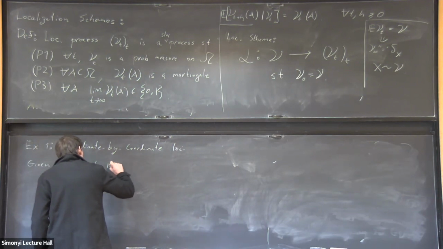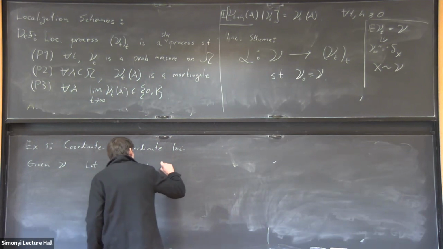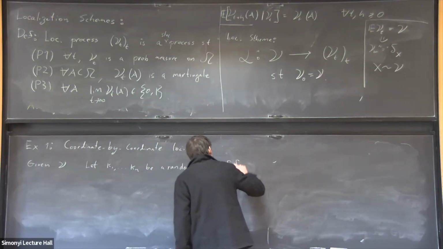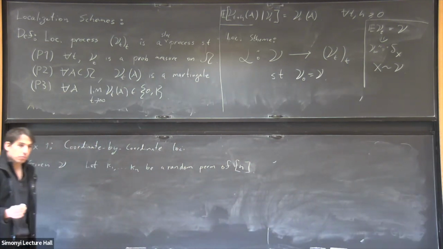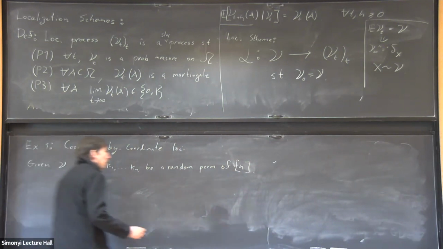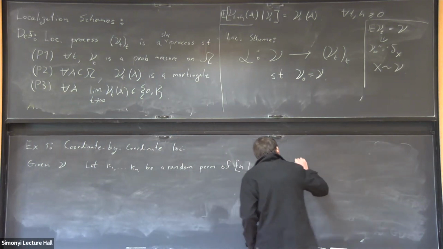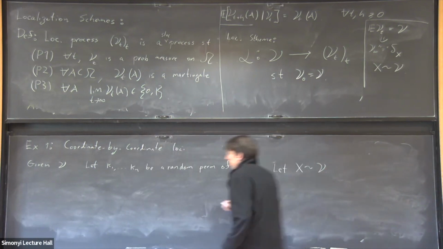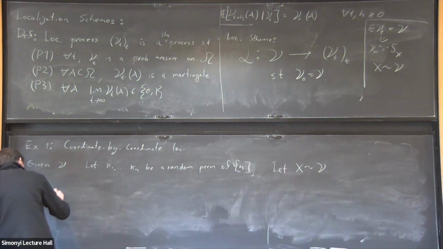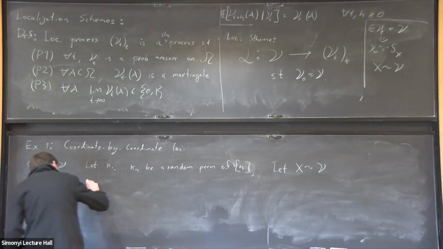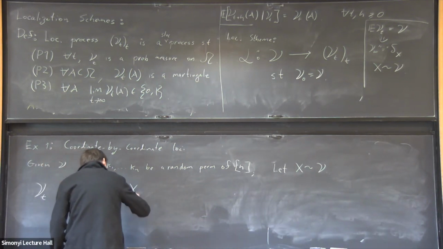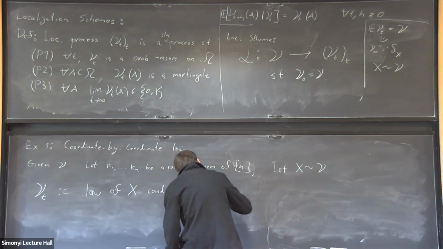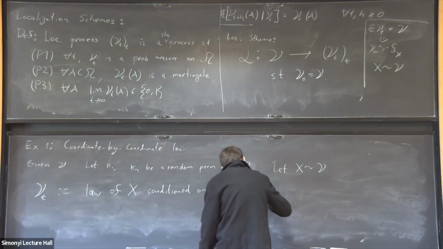Let k1 up to kn be a random permutation of the numbers 1 to n, which will correspond to the order of revealing coordinates, and independently take a point x sampled from nu, and then define nu t as the law of x conditioned on x k1 up to x kt.